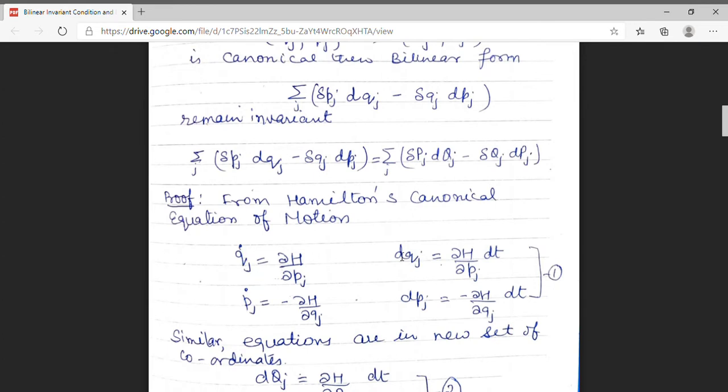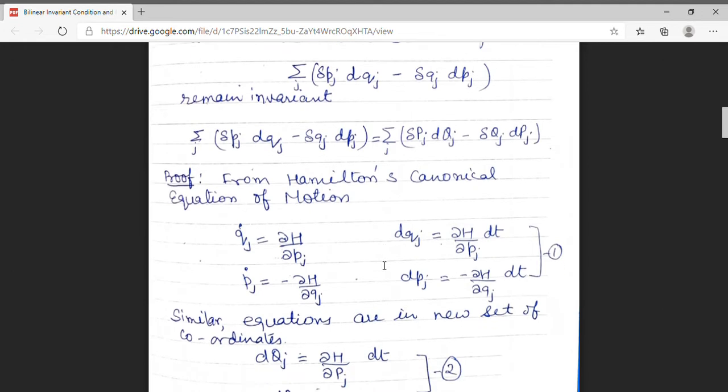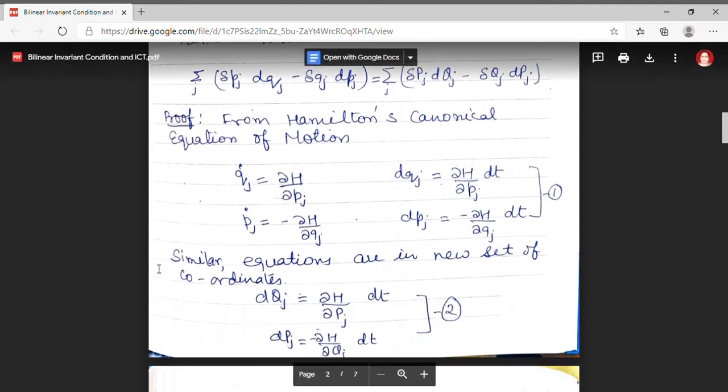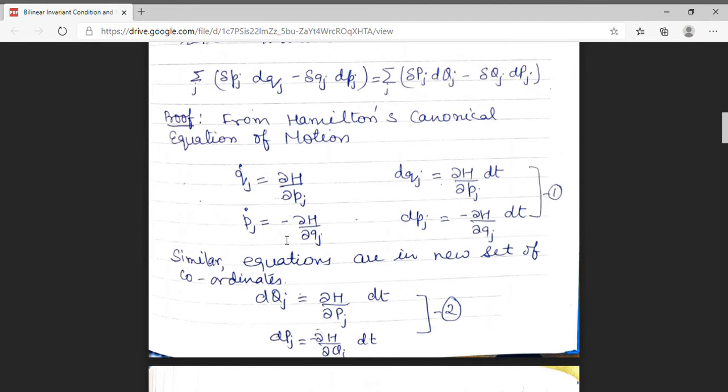Hence, it can be expressed as dQj equal to del H upon del Pj dt. The second equation is Pj dot equal to minus del H upon del Qj. So, we have dPj to be minus del H upon del Qj dt.